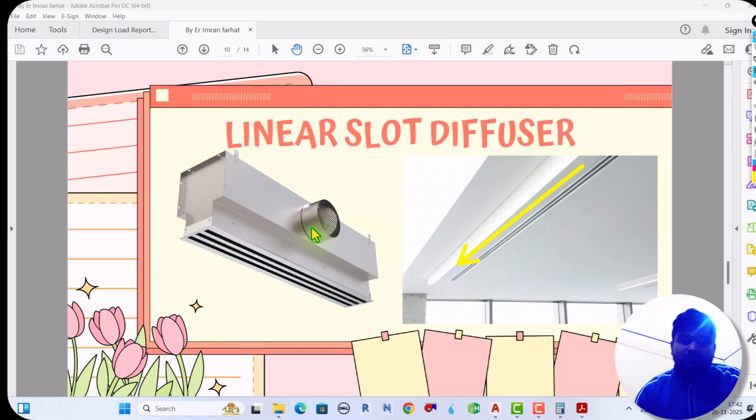Okay, above this is the plenum box, and this is the neck we generally use in hotels. Okay, so this is the slot, this is the width of the slot, and 1 2 3 is the number of slots.